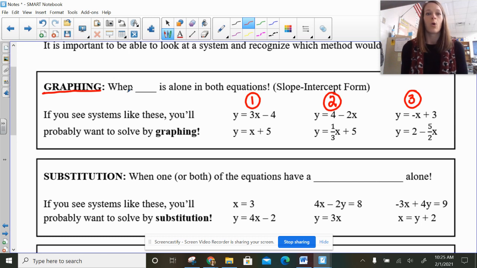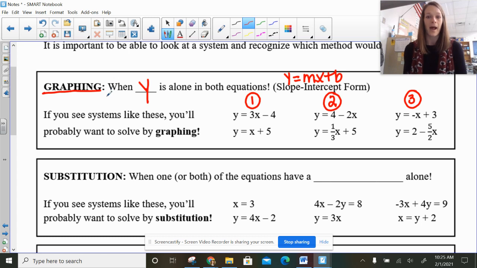When y is alone in both equations, in other words, when they are both in slope-intercept form, y equals mx plus b, then graphing is going to be your easiest method to find your answer. Like this first one is y equals 3x minus 4 and y equals x plus 5. They're both in slope-intercept form, so graphing is going to be your easiest for that one.